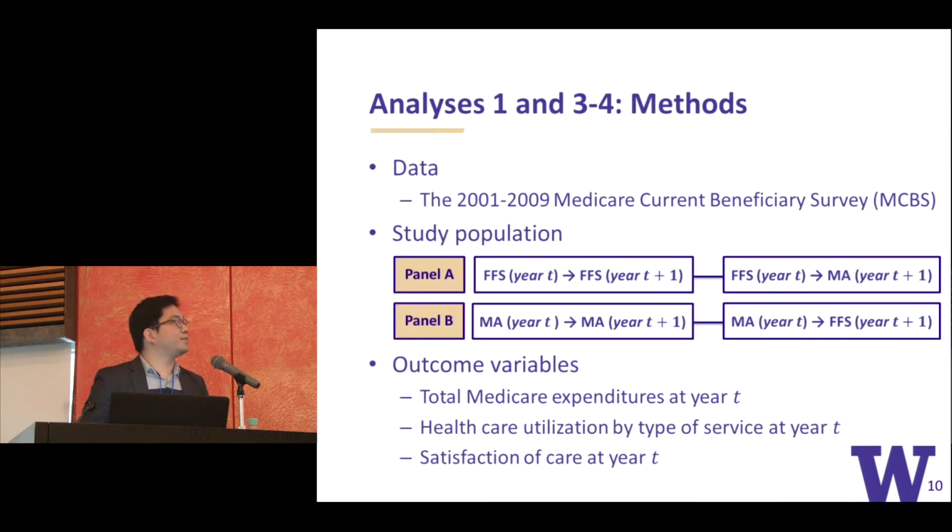And panel B includes people staying in MA plans at year T, and then I followed up their next year's health plan choice. And I used 3 outcome variables, and each outcome variable is used for each analysis: total Medicare expenditure for the first analysis, service-specific use for the third analysis, and the satisfaction of care for the last analysis.